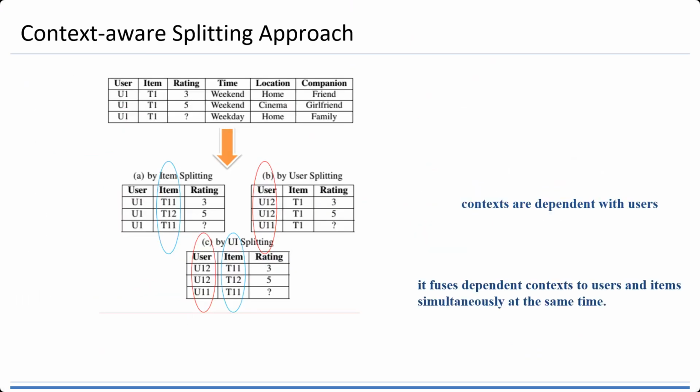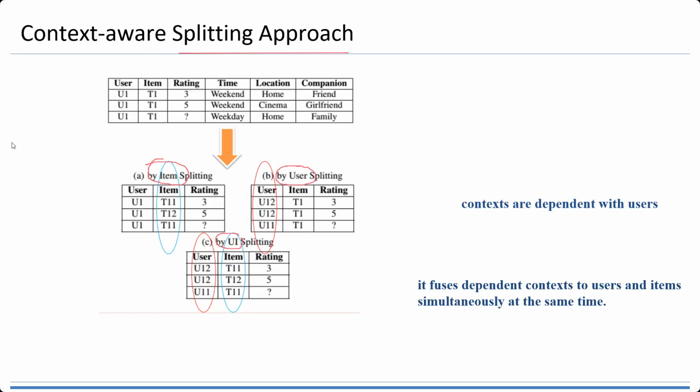So the splitting approaches can look like this. There are some ideas for splitting. You can split by item, by user, or by UI, where UI means user and item.